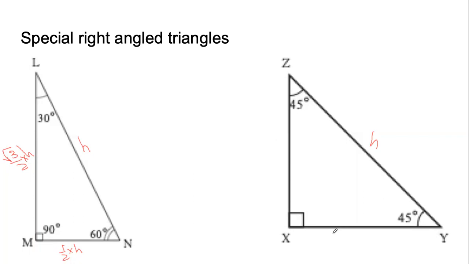So XY will be 1/√2 of H, and XZ will also be 1/√2 of H. Whether you write the multiplication sign or not, we know that when we write a variable with a constant, or two variables side by side, it means multiplication. We studied this last year and we are using it this year.